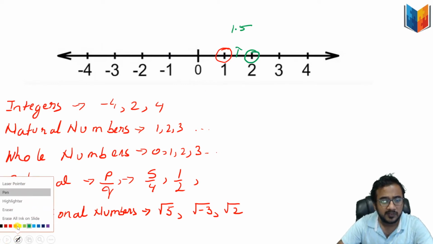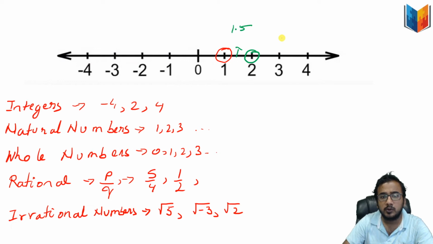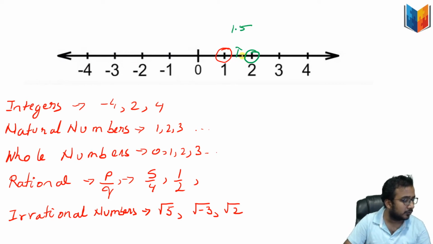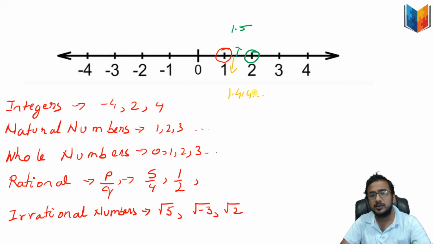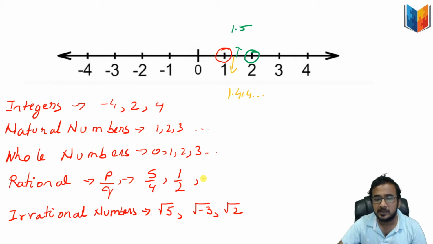But if I want to represent root 2, the value of root 2 is something like 1.414, and it goes on. So root 2 is somewhere over here. This is a number which we try to represent. All these numbers can be represented on the number line.